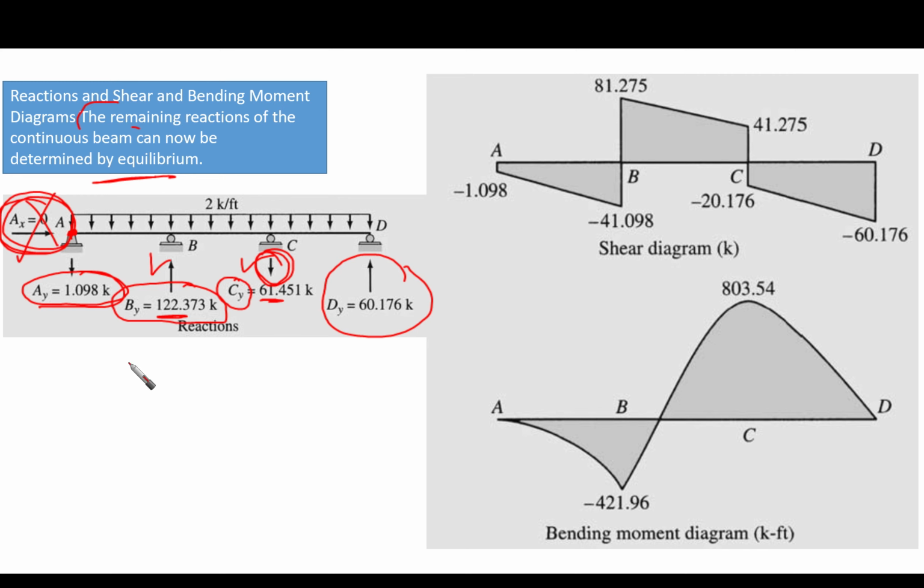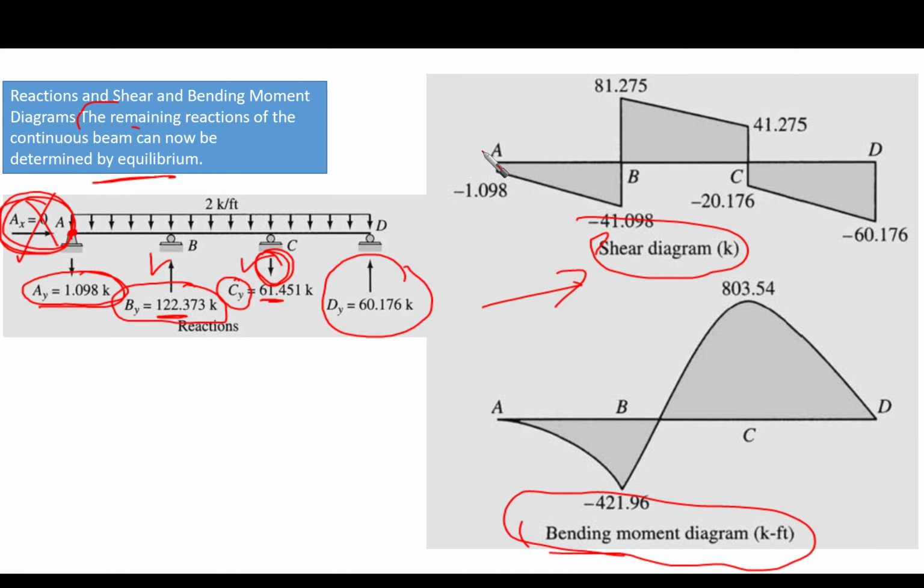We have all the reactions now, so we can draw our shear and moment diagrams. They are very easy to draw. As you can see here, we have linear variation and then abrupt variation at the reactions, then another linear variation, then an abrupt change at the reaction, and then linear again. Whenever we have linear variation for the shear, we have parabolic variation for the moment.